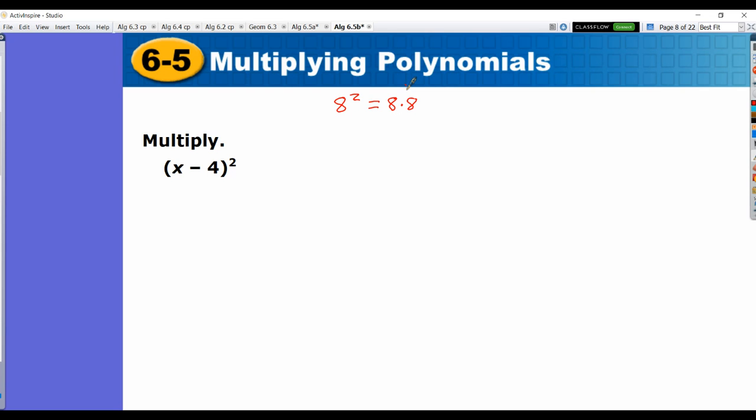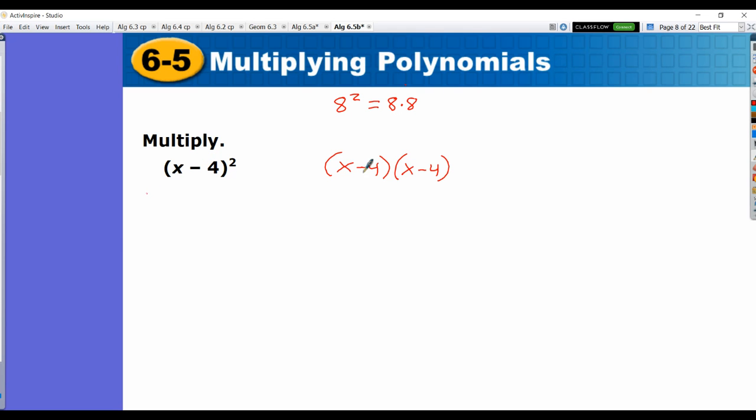We're going to do the same thing, except we just have a binomial to do that with. So we're going to break this out as x minus 4 times itself, x minus 4. And that represents x minus 4 to the power of 2.